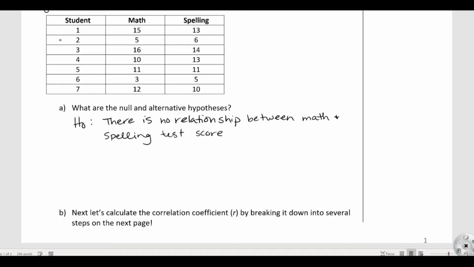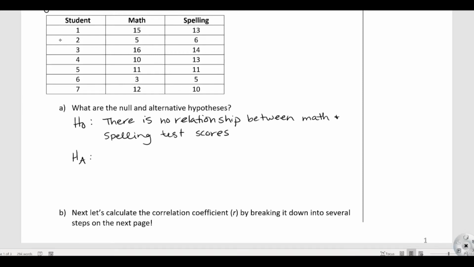And again, we're not talking about just these 7 students, we're talking about the whole population of students, whether that's this class or this school or students in general, 7th graders in general, right? So when we say there's no relationship, we don't mean just among these 7 people, we mean in the whole population. The alternative is just the opposite of that.